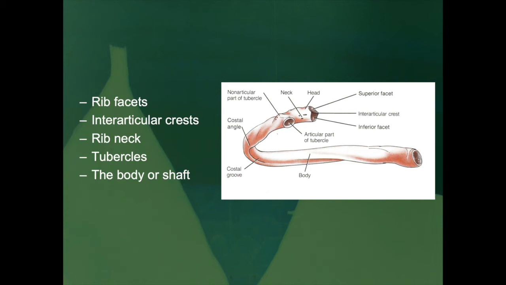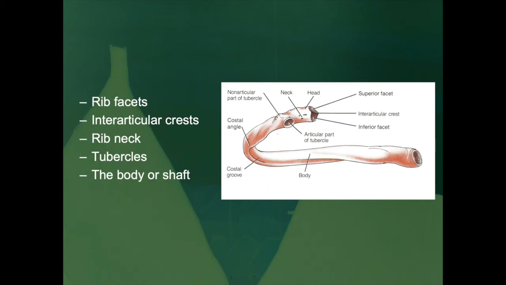They again are designed to articulate with the adjacent thoracic vertebrae. So where you see the head and where you see these articular portions of, let's say, a tubercle, or where you can identify or distinguish the actual neck itself, you're really looking at that portion of the rib that is in a posterior location.